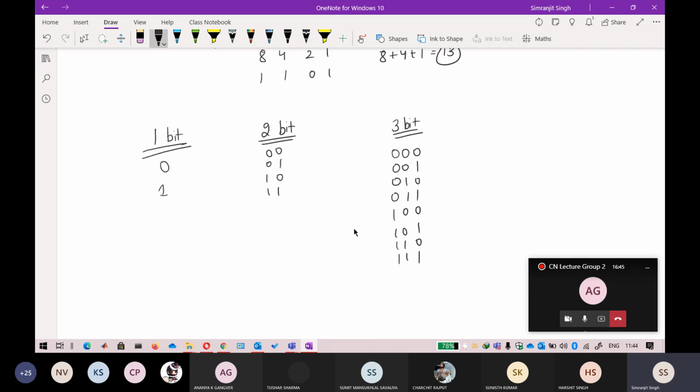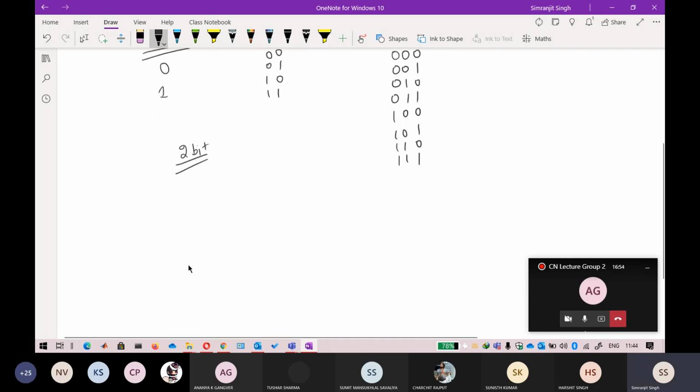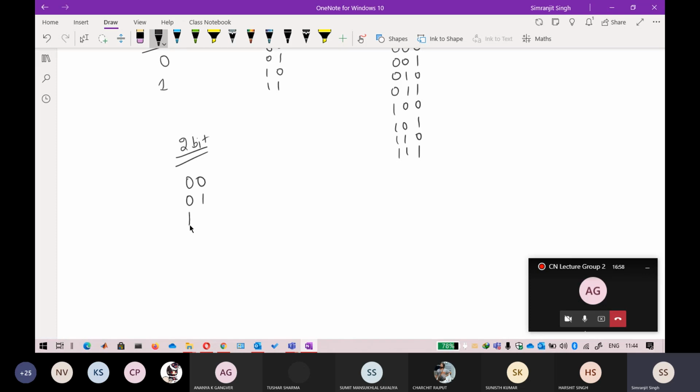Now suppose I take this example, 2 bits. It's basic, but it will be very useful in deriving the ranges. This is very important.